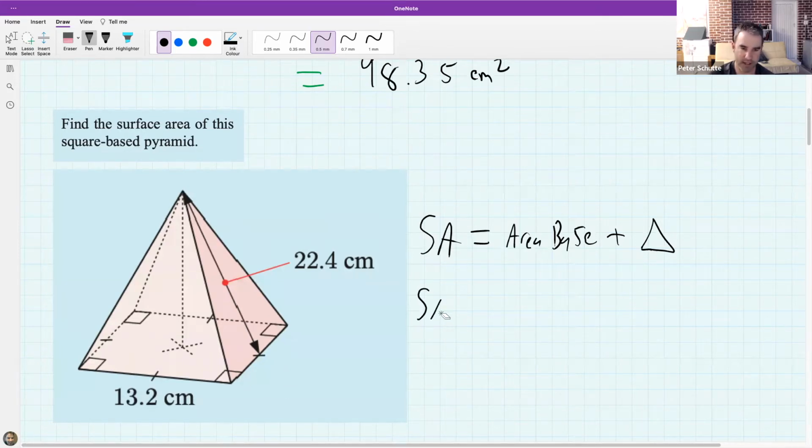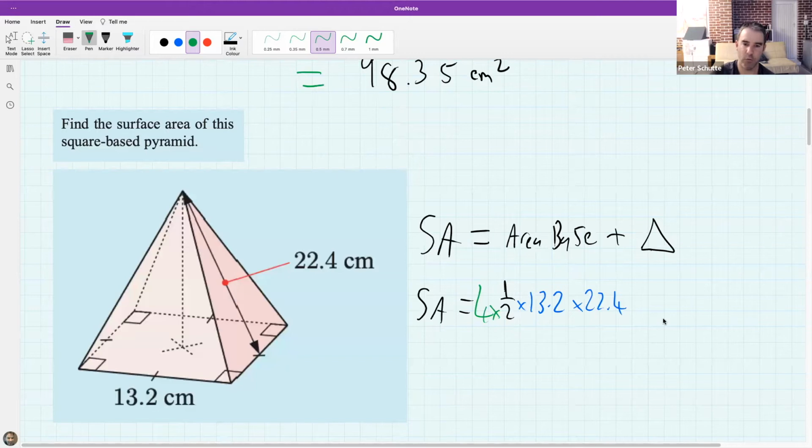Okay, so what are we getting for the surface area here? Half base times height. So half the base to me looks like 13.2. And they've been so friendly. They've given me the slant height. How nice of them. Now, that's the area of one triangle, but we have 4.